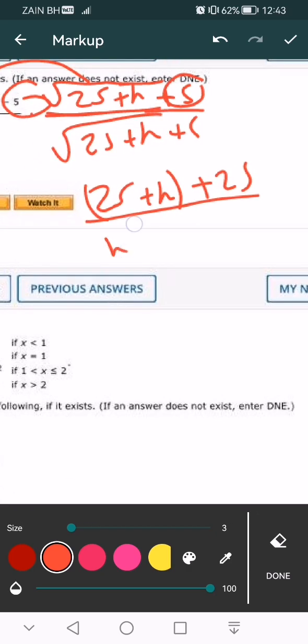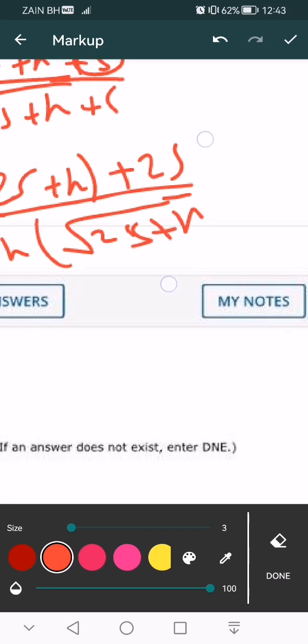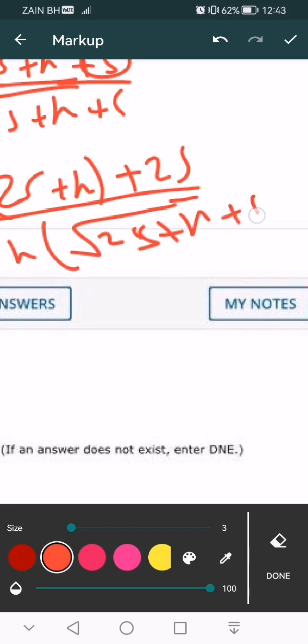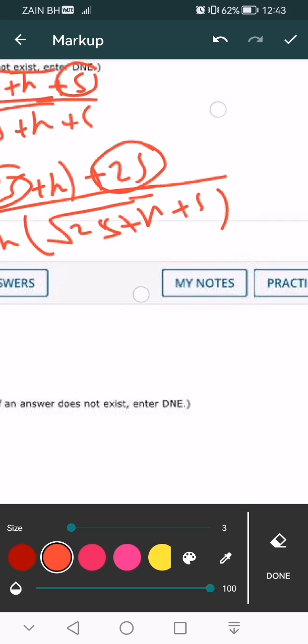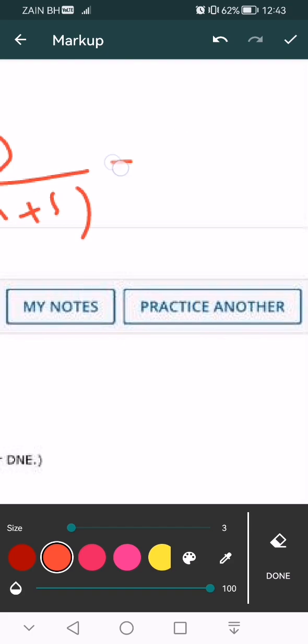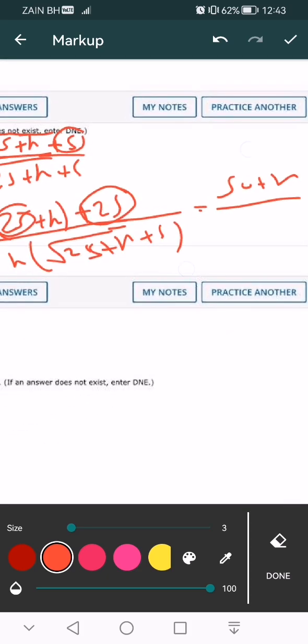h by square root of 25 plus h plus 5, okay. Now you have to put this one all, you can take this one with this one, which is equal to 50, and the end will be that, you know, the value will be 50 plus h over whatever.